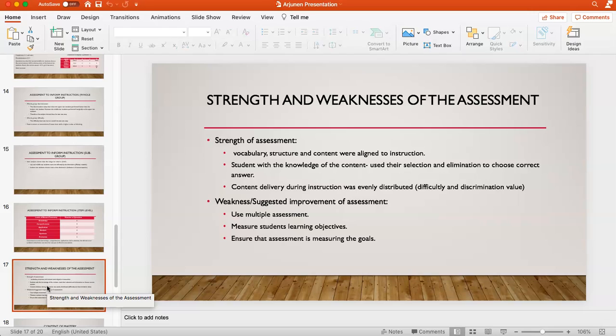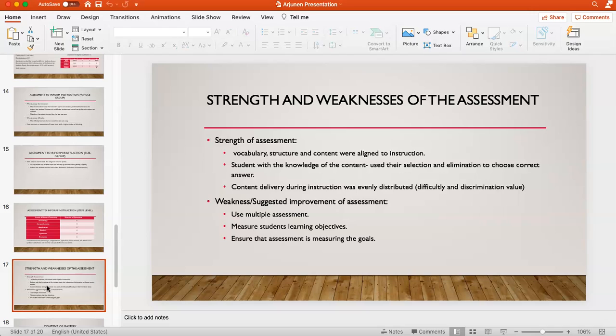Strengths and weaknesses of the assessment. Strength of assessment. The assessment was structured in a very clear and concise manner in which students understood their task. The vocabulary, structure, and content were aligned to instruction.